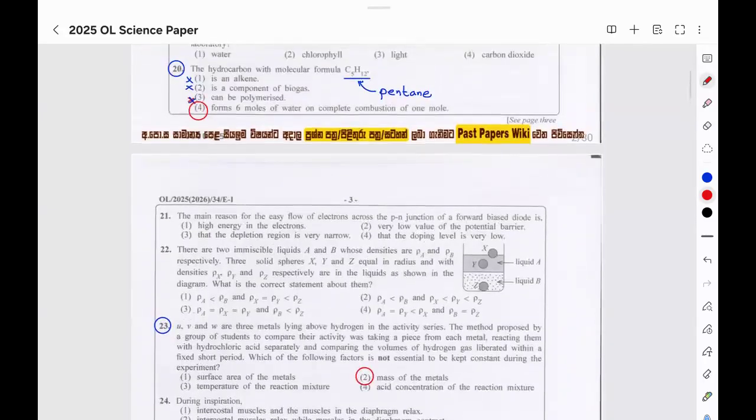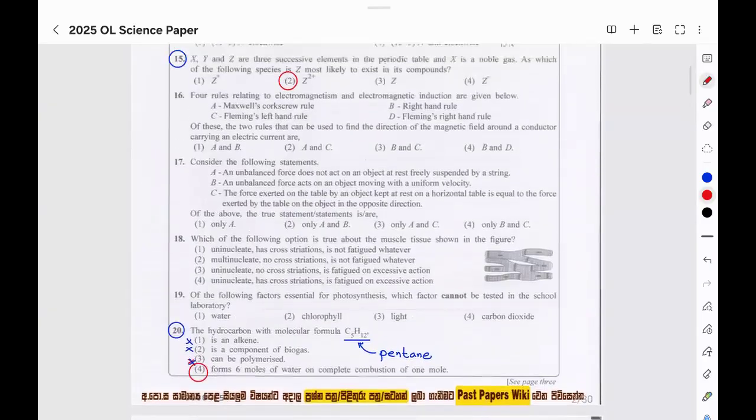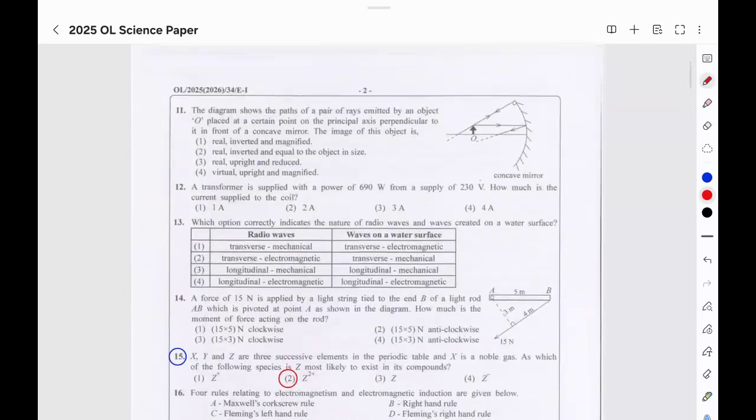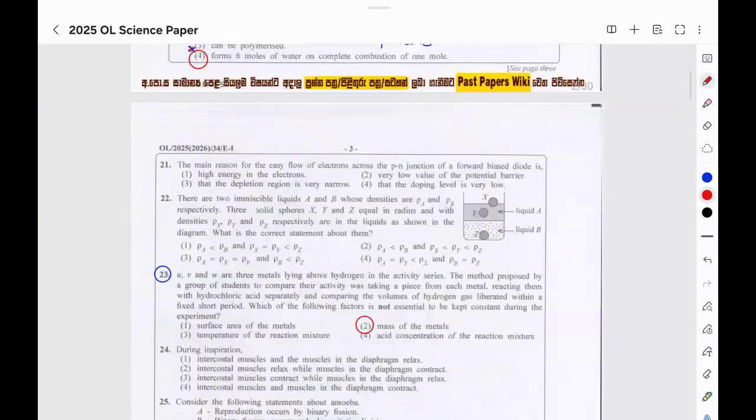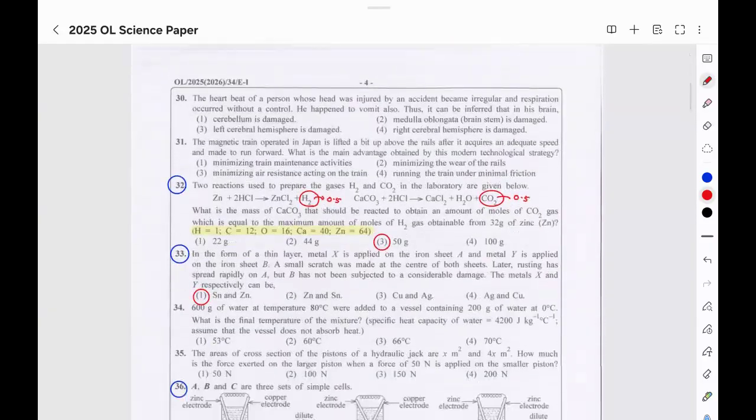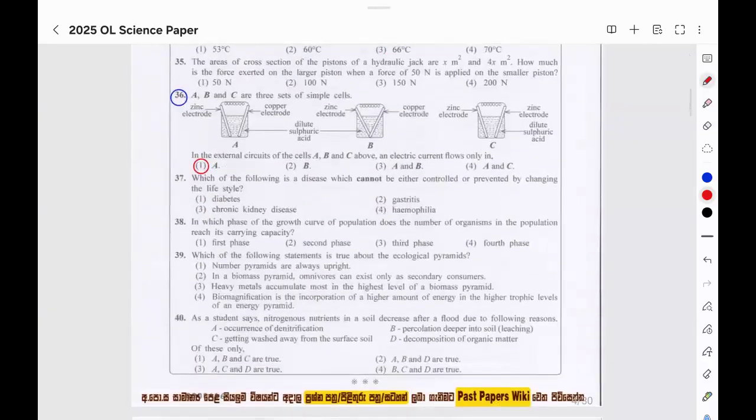The calculation is a little bit hard, but the other theory parts are also okay, manageable. But some good questions are there. Raise your hand those who understood the things that we discussed in the MCQ paper. Before we move to the essay paper, do you have any doubts regarding the MCQ questions that we discussed?